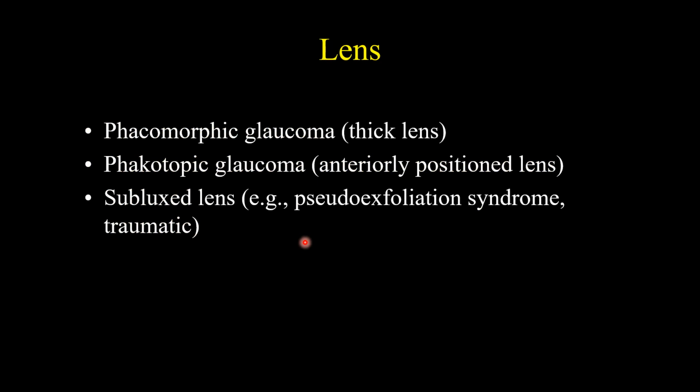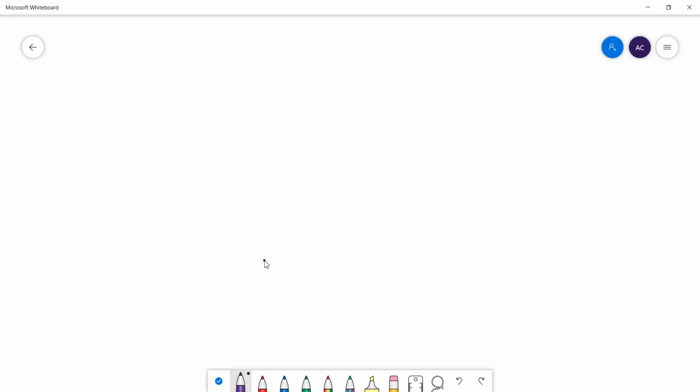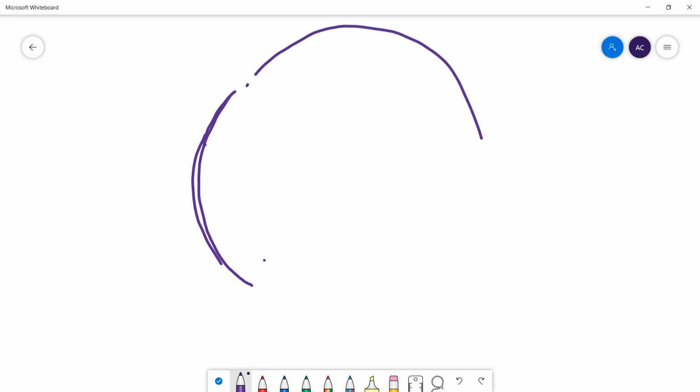Then pathology at the level of the lens. I'll try to show you. Now, cornea. Sorry.